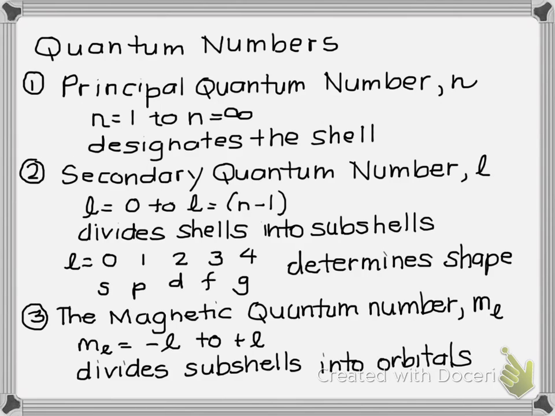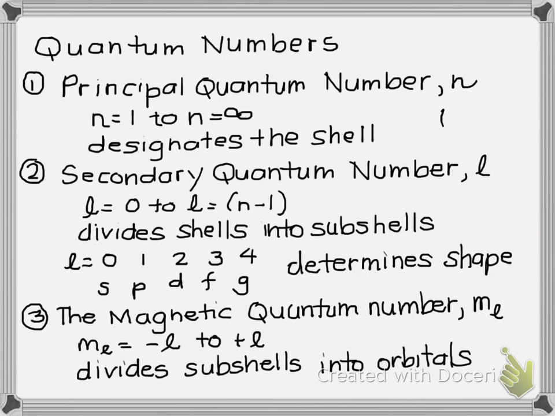The secondary quantum number, L, can have a value from L equals 0 all the way to L equals n-1. The secondary quantum number divides the shells into groups of orbitals that we call subshells. The subshells determine the shape. Now, the L quantum number, while it is an integer, was given a designation of a letter.